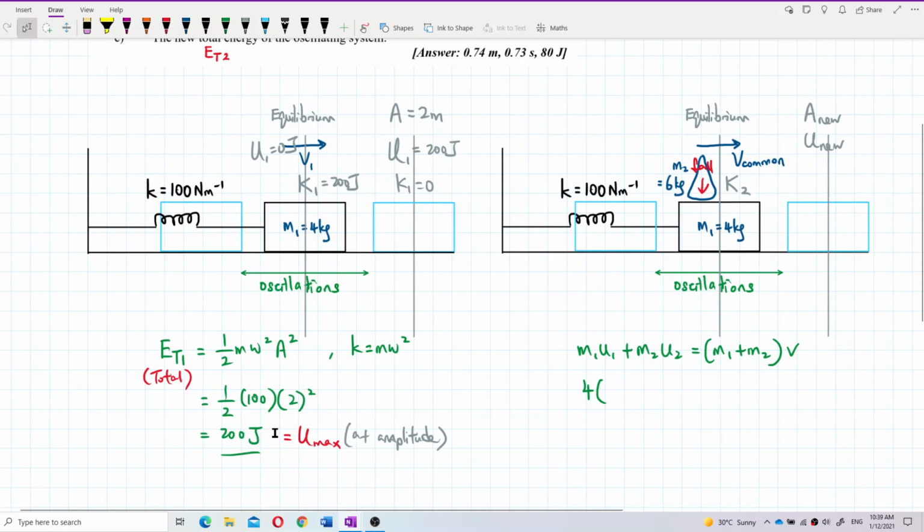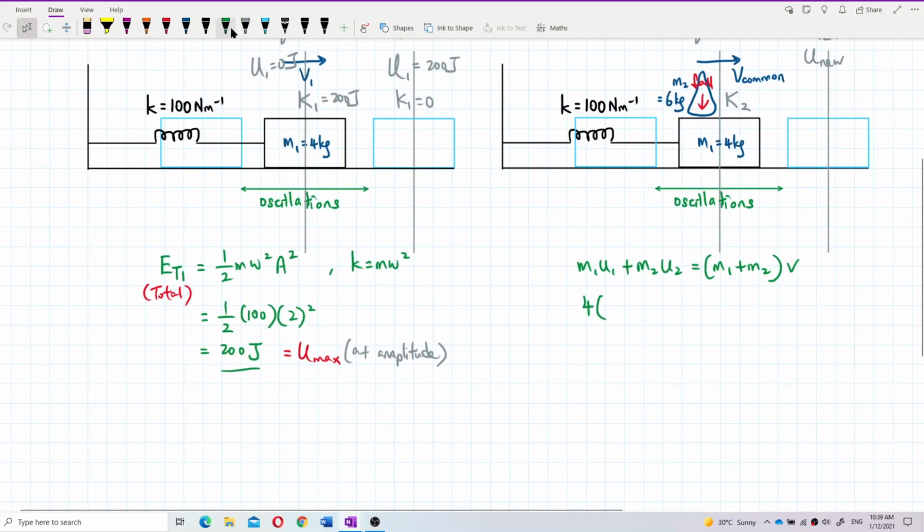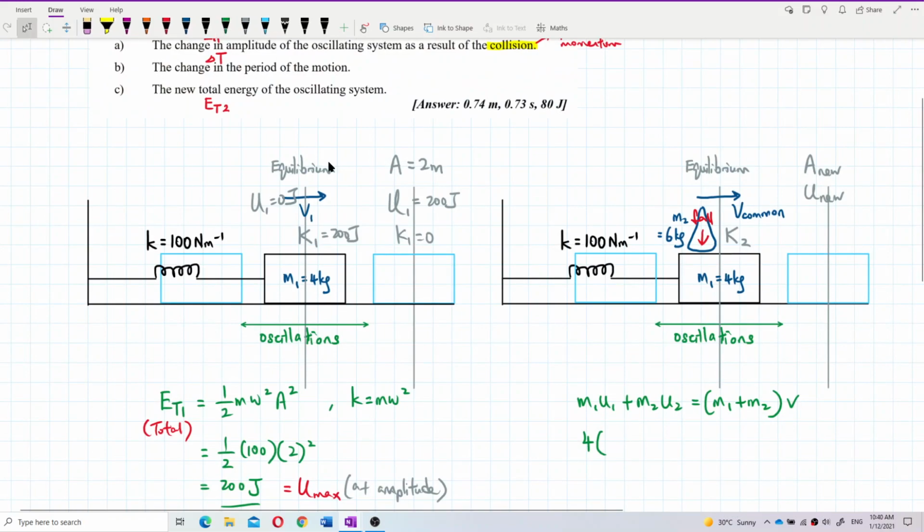Okay? So from here we can find the initial velocity at equilibrium for the 4 kilogram. Let's find out. So what is the kinetic energy? Here this is the maximum velocity at the equilibrium, right?